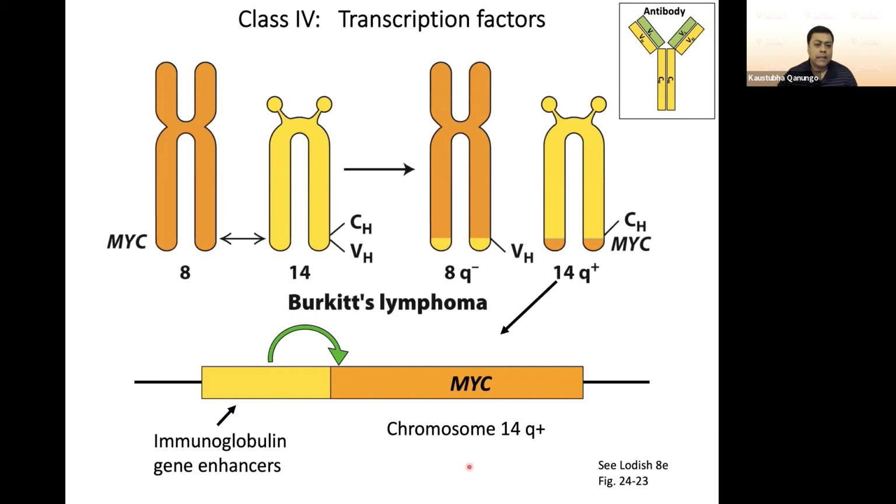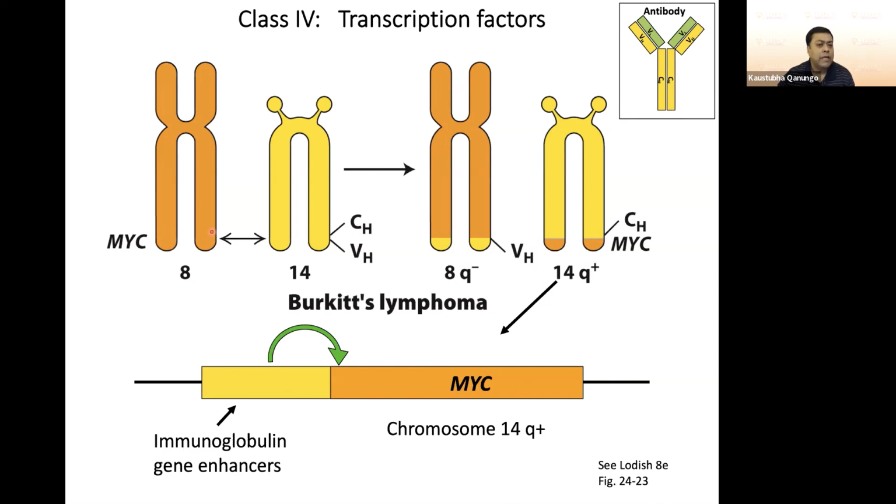Right, let's see. Very interesting idea. Remember that these are portions of the antibody genes under a constitutive promoter. This is an immunoglobulin gene enhancer or promoter. So this is constitutively active, signaling all the time. Due to the translocation, MYC sits just after this. Now MYC is highly regulated.